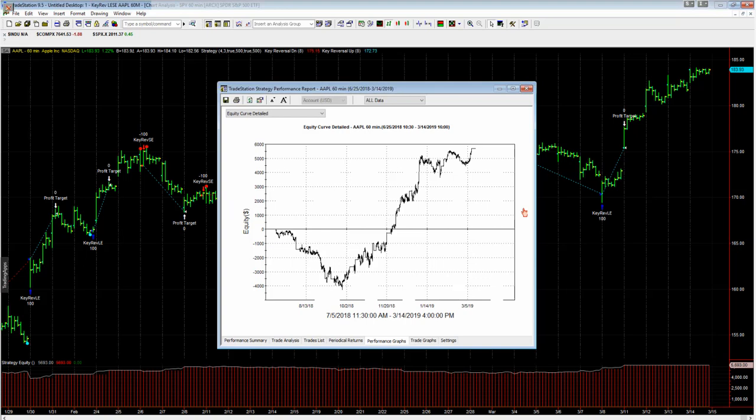And obviously, if we started trading right here and it drew down $4,000 right off the bat over the first 3 months or 4 months of the strategy, we probably would have given up on this strategy. So there's a lot of factors and nuance in evaluating any individual strategy.